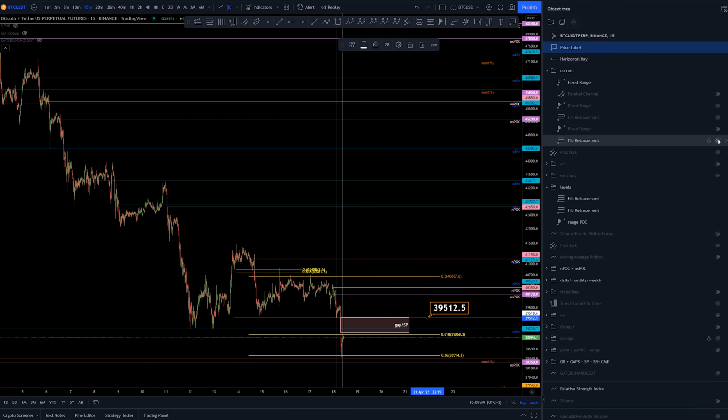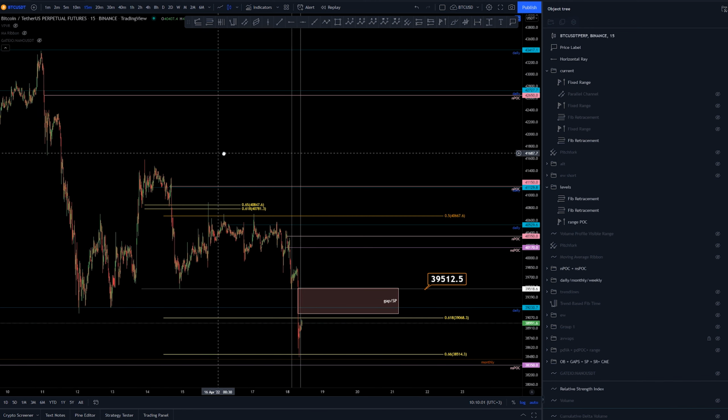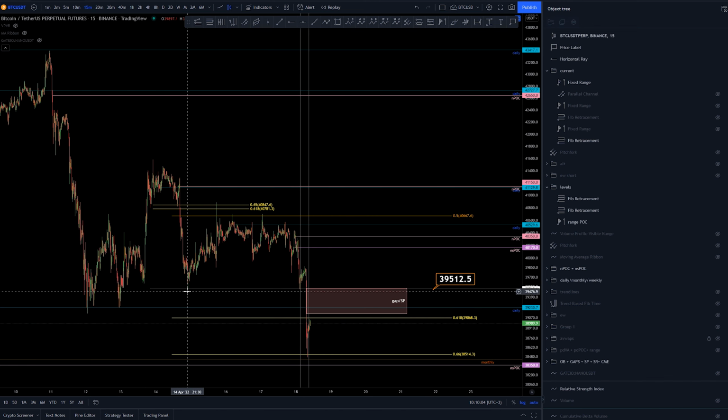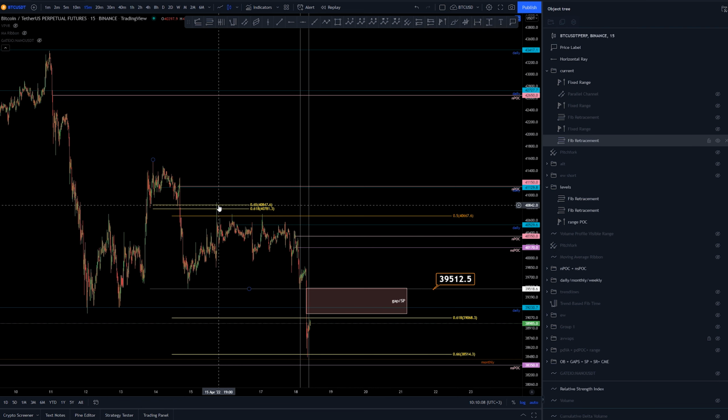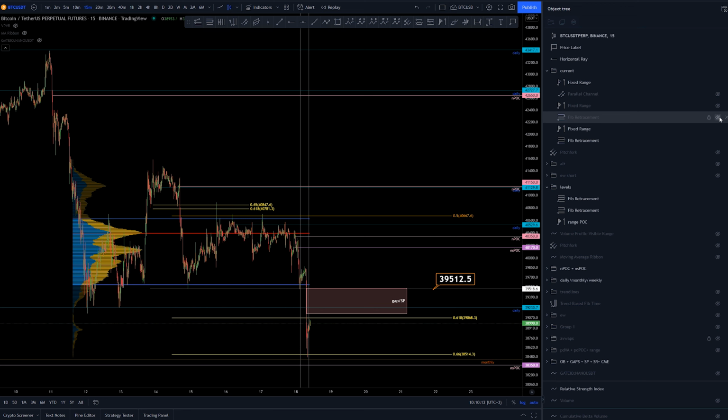I think there was something else as well. Yeah, again on the weekend when we were coming down up here, a price hit here, another golden pocket with range. Which range was that? I think it was this one. Yeah, but that was later as this range was getting established.